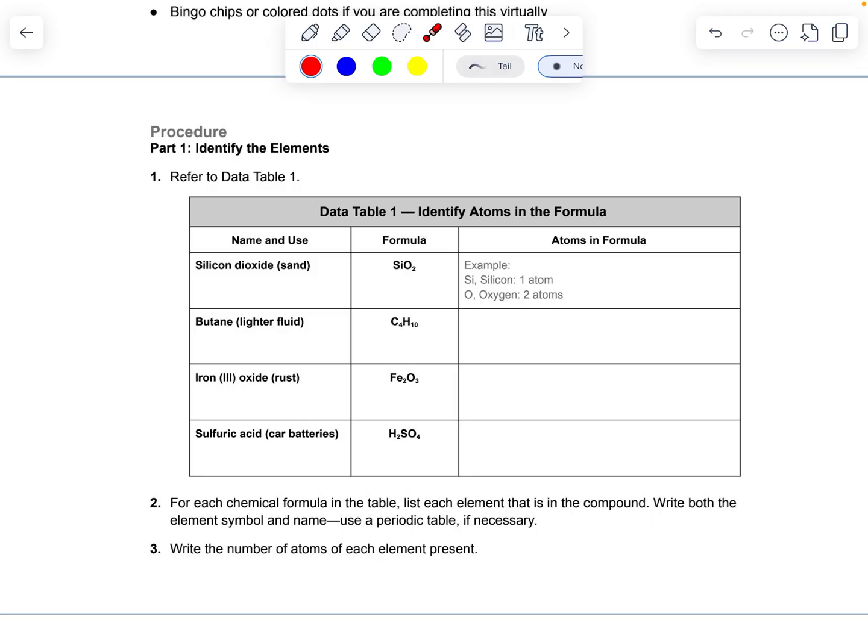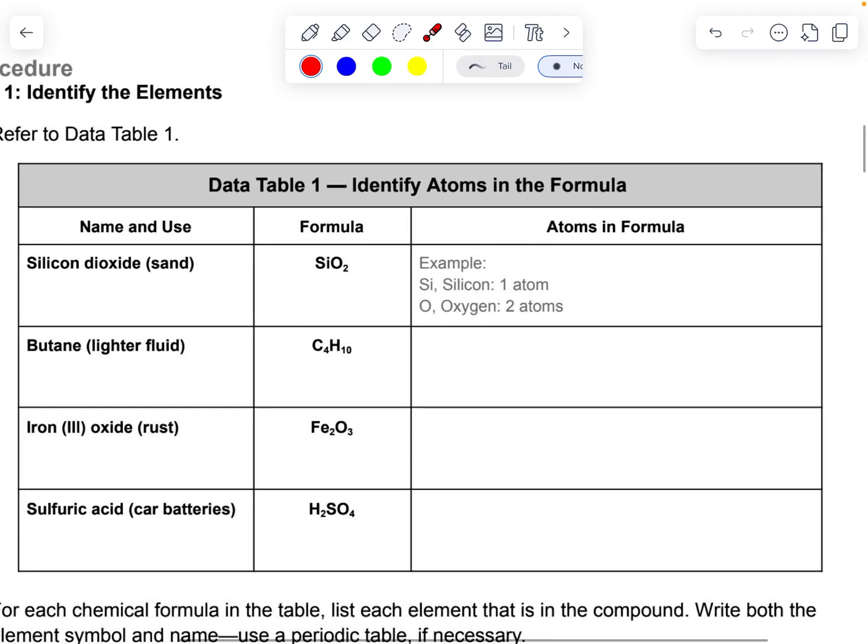including the number, I am going to go ahead and look at this, and I can see that I have silicon, Si, separated capital letter, lowercase, so that the i belongs with the S, so silicon, and because there's no subscript after it, I know I have one silicon atom.